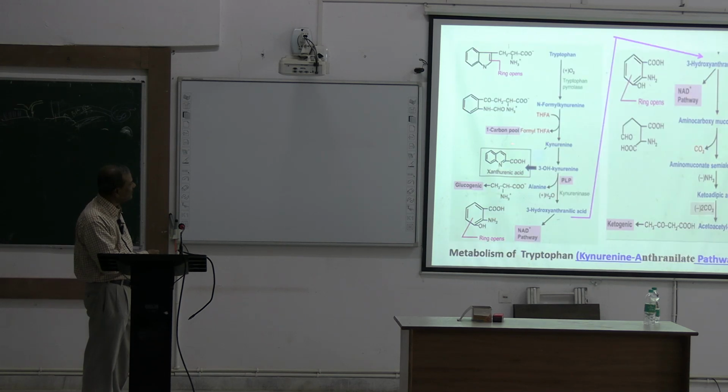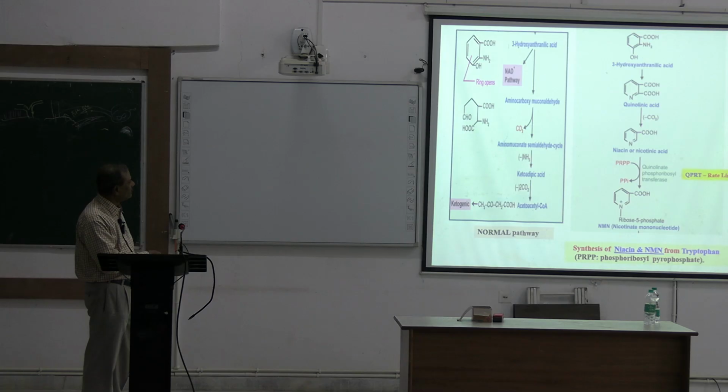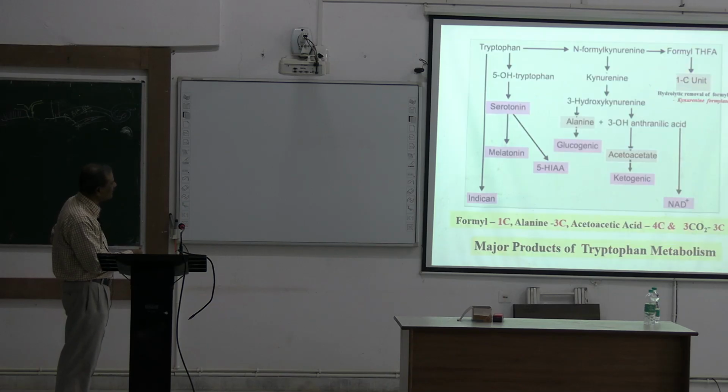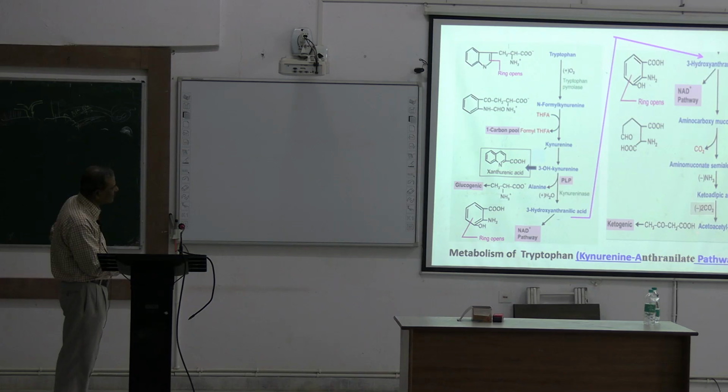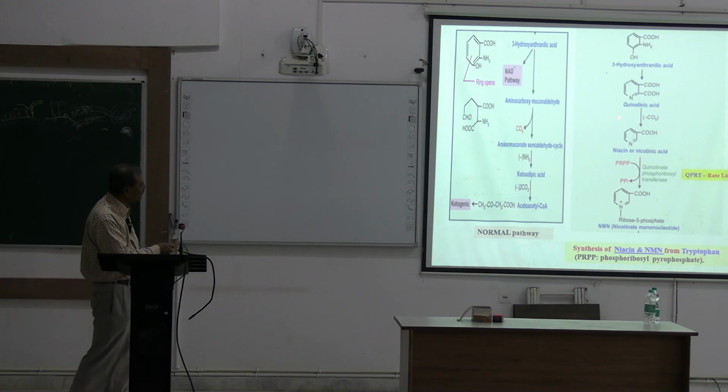This 1 carbon unit pool is formed from this pathway. That's why I have written that the 1 carbon unit is coming from this pathway. The normal pathway is this one, from 3-hydroxyanthranilic acid to acetoacetyl-CoA. You see the major pathway, acetoacetyl-CoA is the end product here.